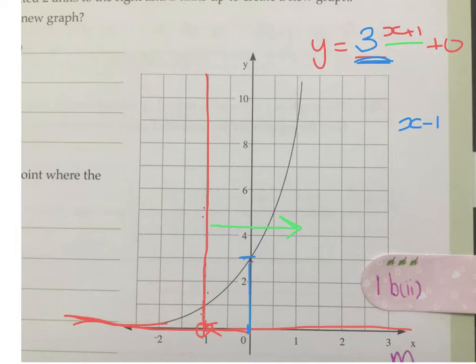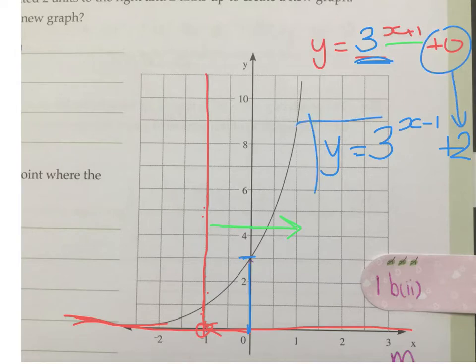The base is still going to be 3 because we're not changing the stretch of the graph, we're just moving it. Still going to have y at the front. And the other thing that's happened is we've also moved up 2. So that changes that plus 0 into a plus 2. So there's the equation of the graph when it has been moved to the right by 2 places and up 2.